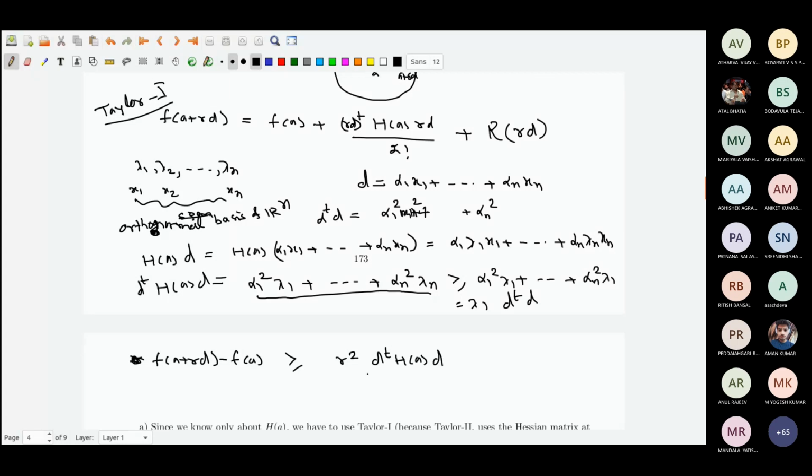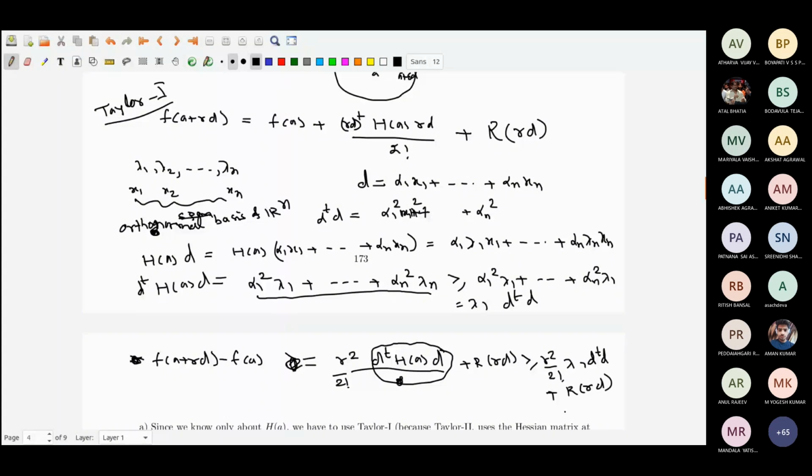I put it here. Now this one I am replacing by the remainder term, so this is greater than or equal to R square by 2 factorial times lambda 1 d transpose d plus the remainder RRD.